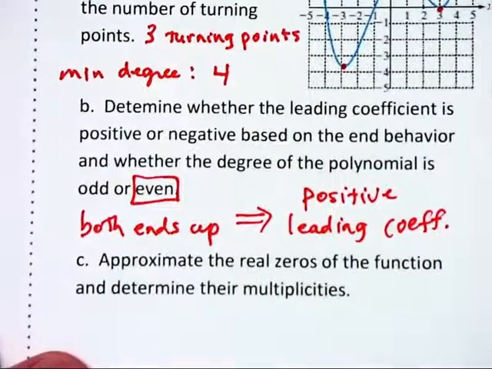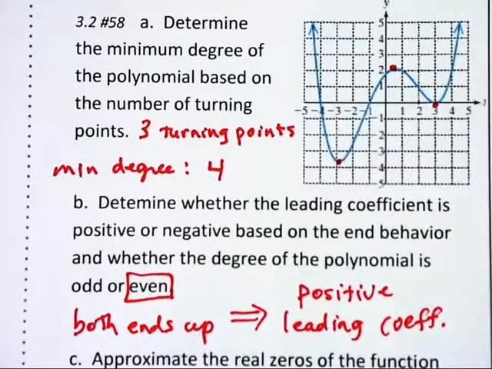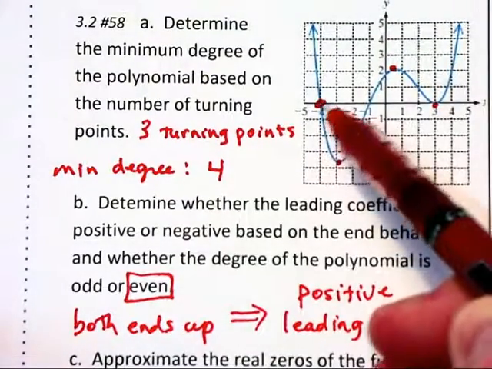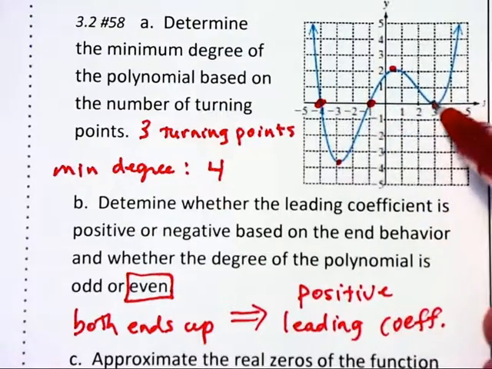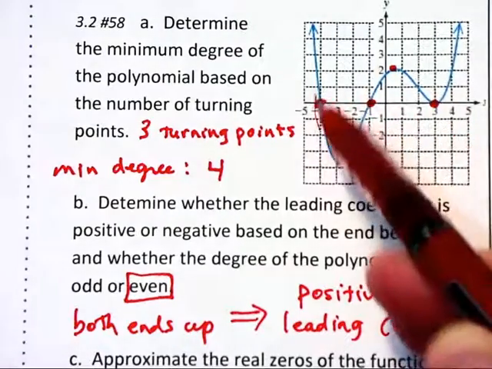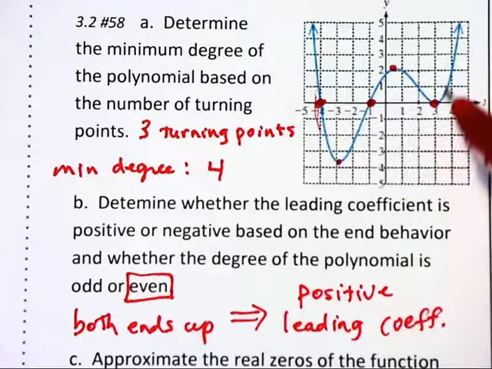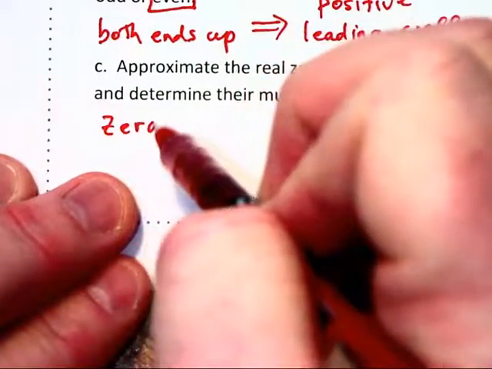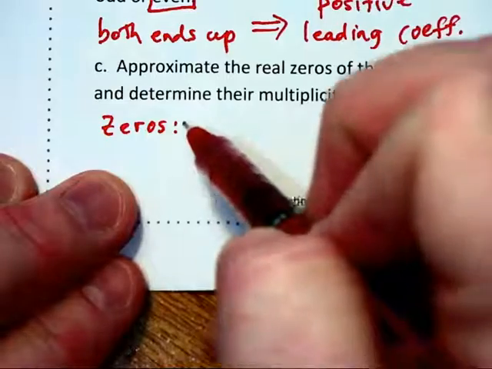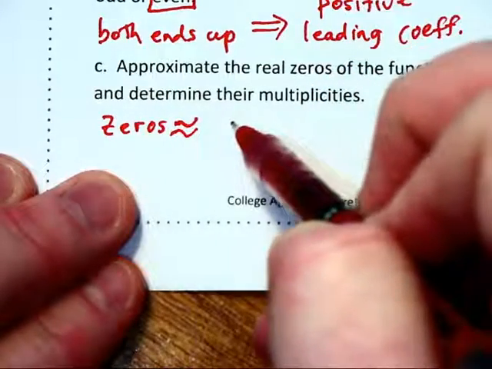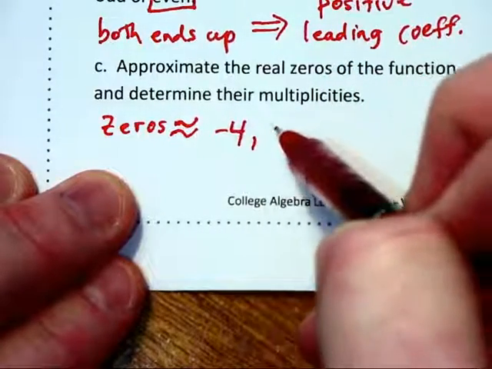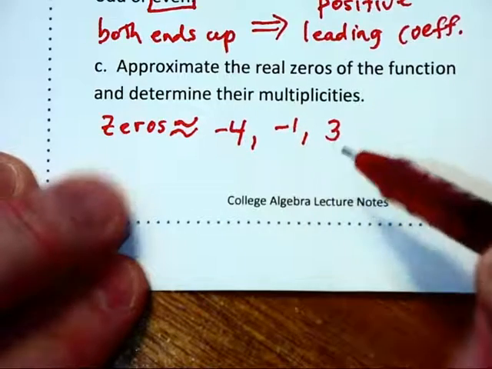Now, we want to approximate the zeros and their multiplicities. Looking at the graph, we have 1, 2, 3 x-intercepts. The first two cross through the graph, but the second one is a turning point. So let's take a look here. The zeros, based on the graph, appear to be approximately at -4, -1, and 3.